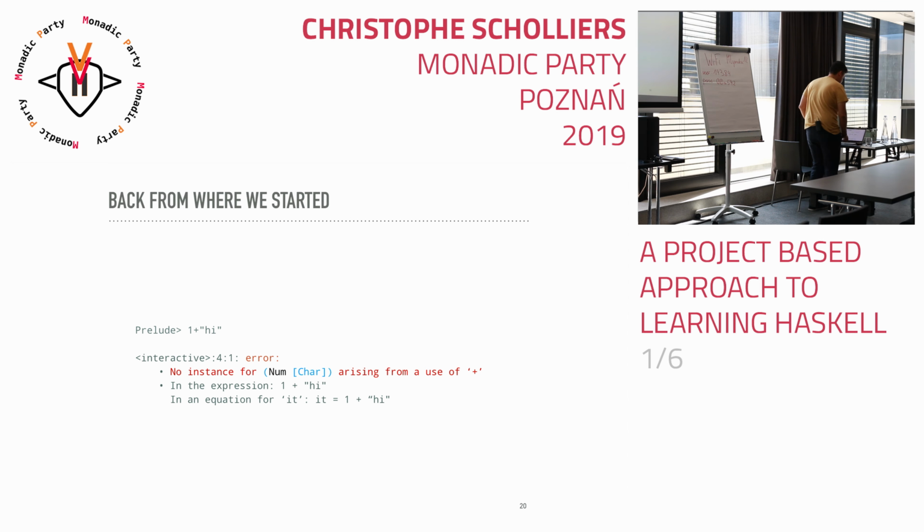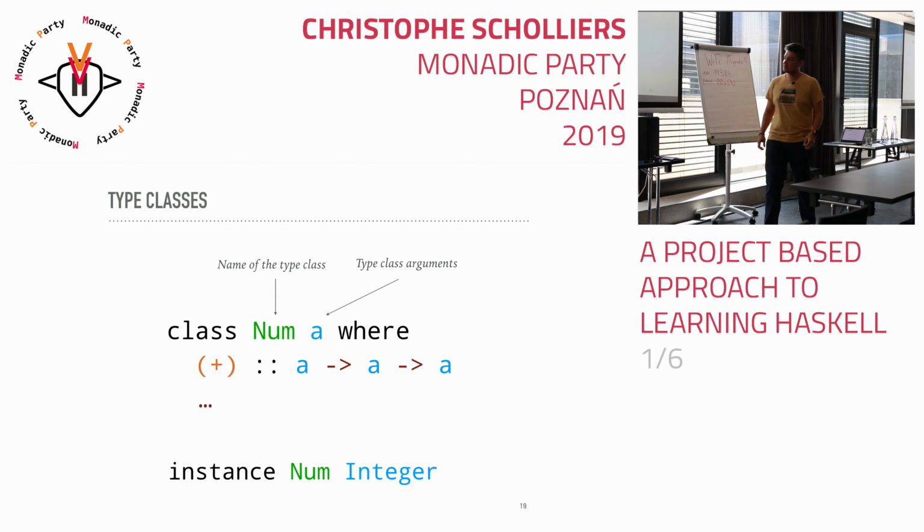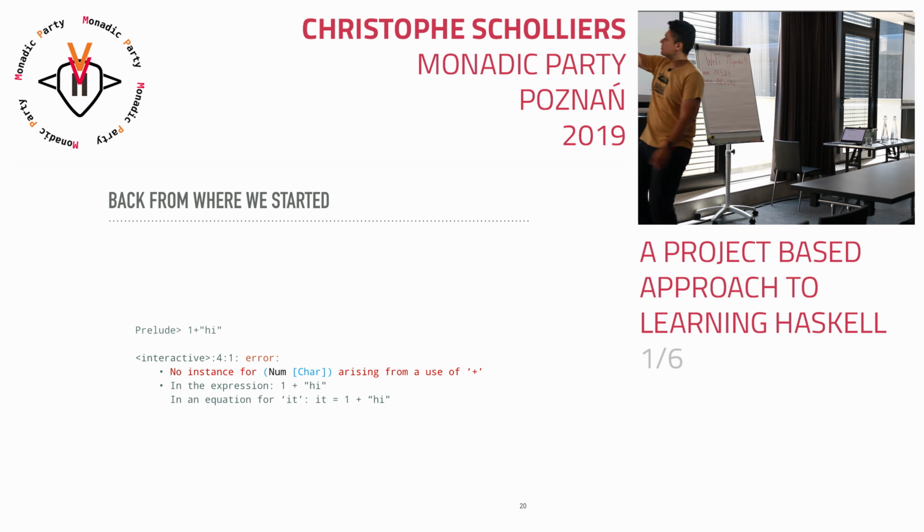Well, there is something called type inference in Haskell, and so whenever you write this 1 plus thing, it's going to try to infer the type of 1. It's going to try to infer the type of "hi". It's going to find that this is going to be something hopefully numeric, and this is going to be this array of characters, right? And then it's going to try to match all these type classes. Yeah, but let's look at this type class again.